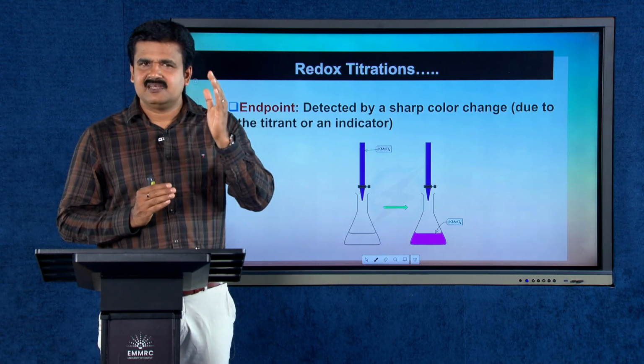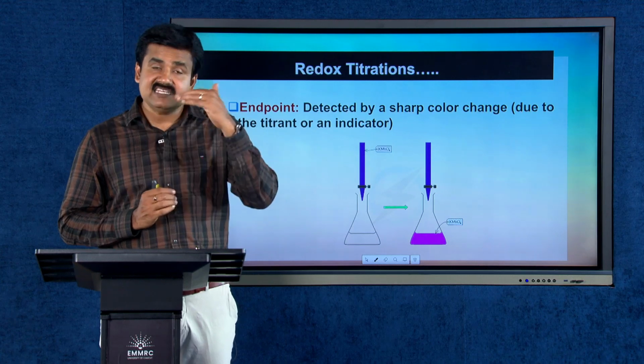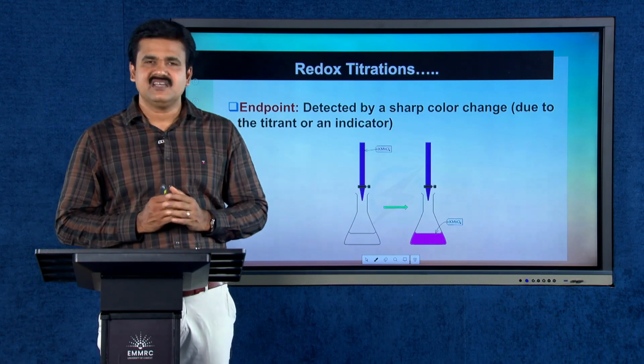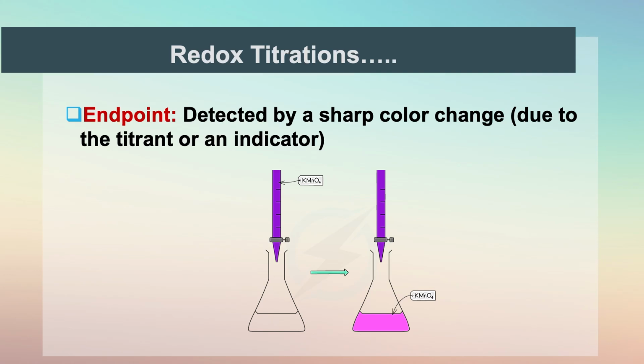An indication of the equivalent point is nothing but the end point. And the end point in redox titration is detected by a sharp color change due to the titrant or an indicator.